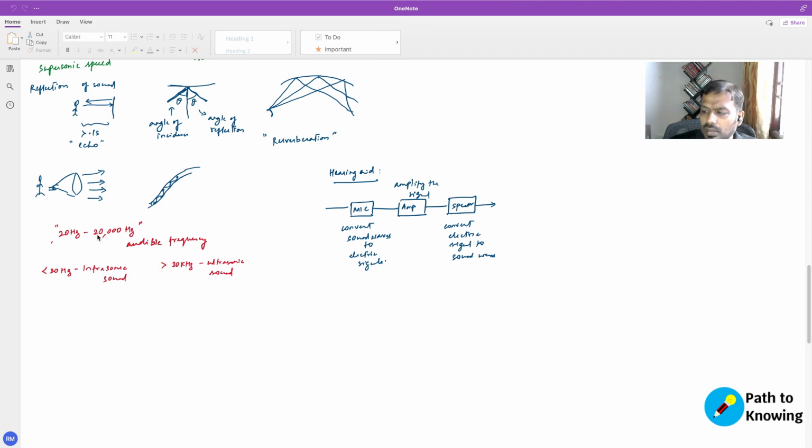And the classic application of that is a device called sonar. Sonar stands for sound navigation and ranging. These devices are primarily used by ships, primarily to determine the depth of the ocean.